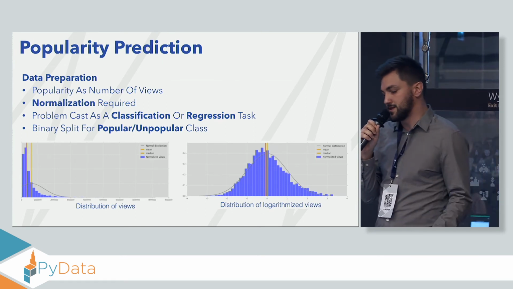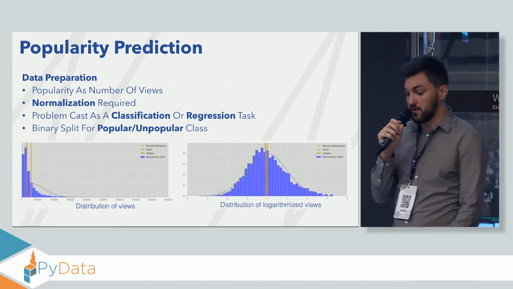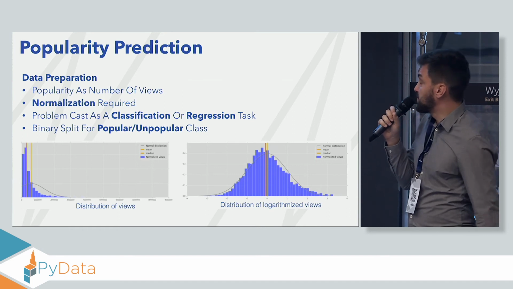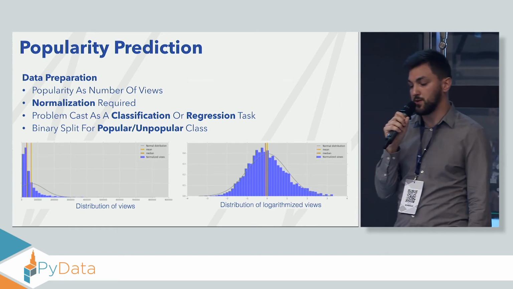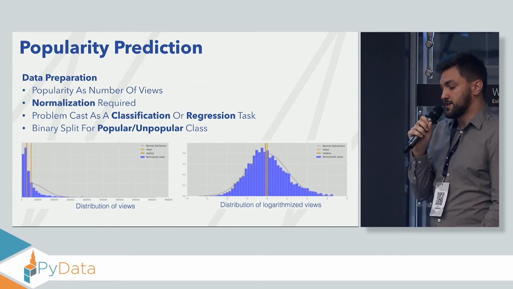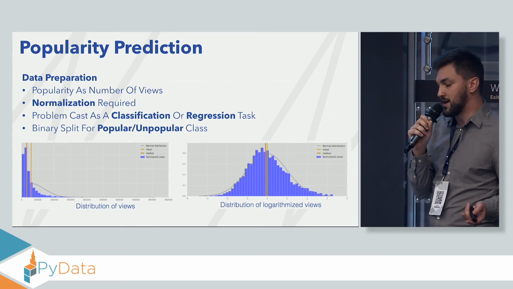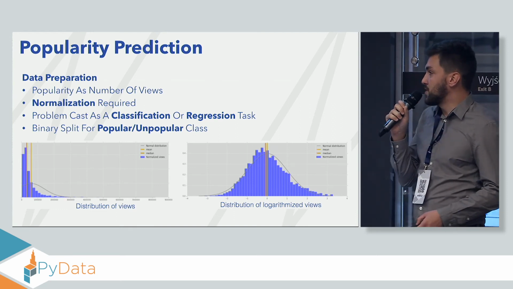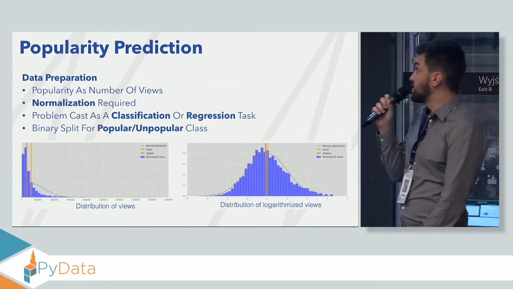So we normalize the number of views by the number of likes on the fan page. This problem can be seen as a regression or classification, but it's much easier to solve as a classification. So the way we did it, we just split the videos and labeled them as popular or unpopular based on whether the number of views is below or above the median value of views.